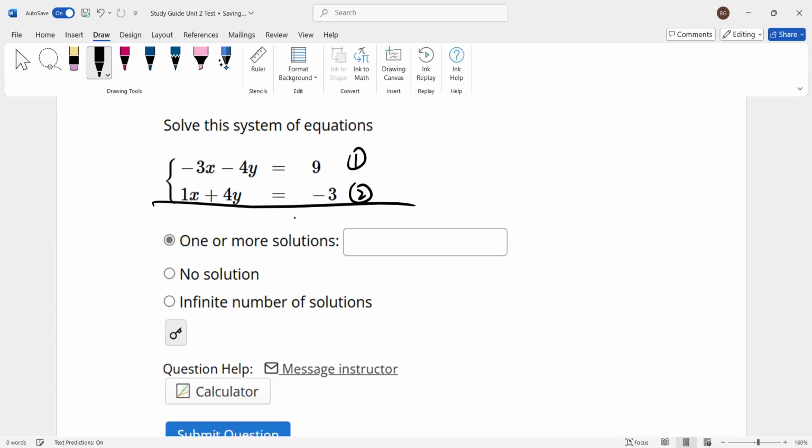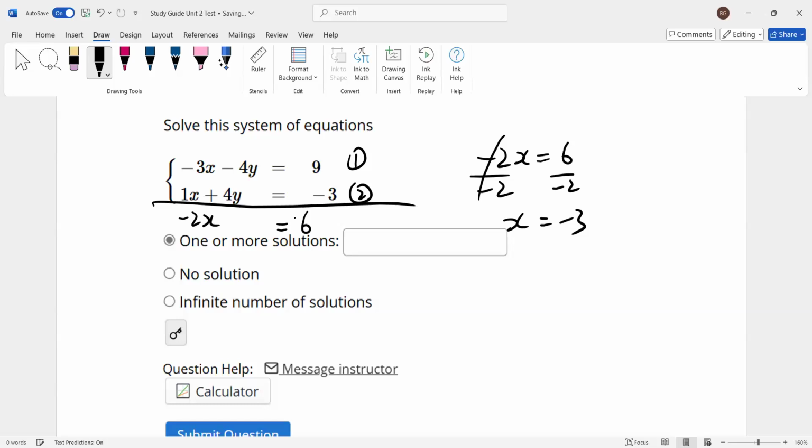If we add them together, -3x plus 1x is -2x, and -4y and +4y cancel. On the right side, 9 plus -3 is 6. So we have -2x equals 6. Divided by -2, divided by -2, x equals -3.